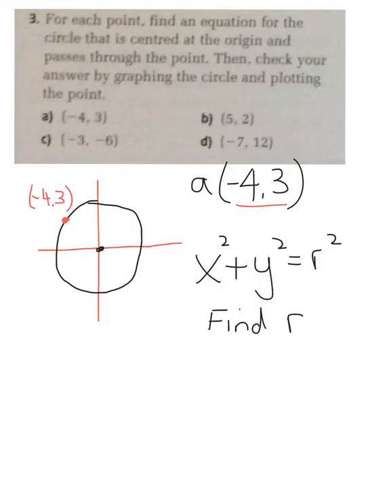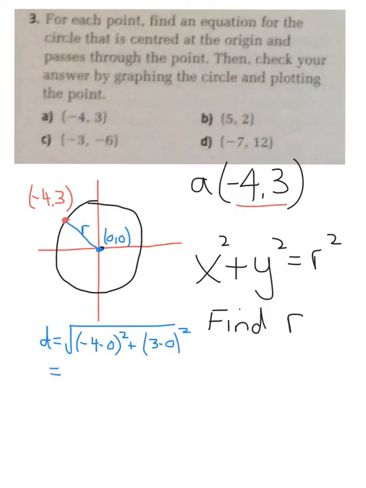Now if we can find this distance here, then that is the radius, and that distance will be found by the distance formula, the square root, x2 minus x1, -4 minus 0 squared, because we know that the origin is 0, 0, and then plus y2, 3 minus 0 squared.